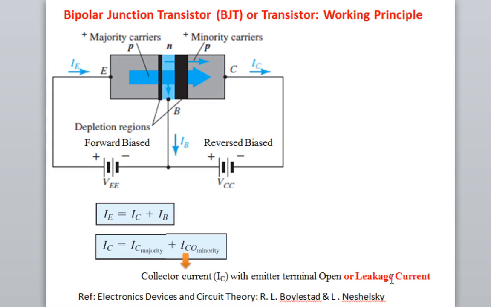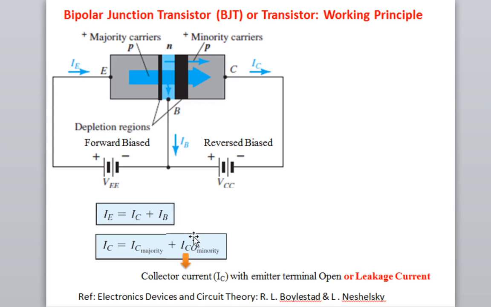This leakage current is because of the minority charge carriers, and we have learned in the case of the PN junction diode that the minority charge carrier concentration is a function of temperature. If you increase the ambient temperature where your device is working, more covalent bonds break and more minority charge carriers are created; intrinsic carrier concentration increases.